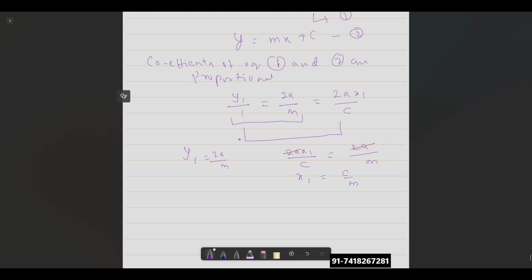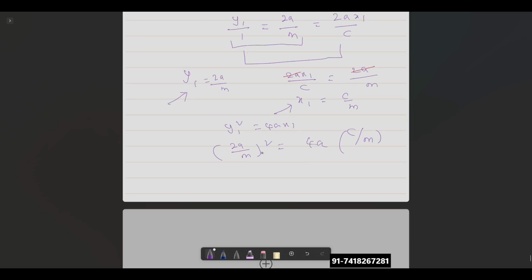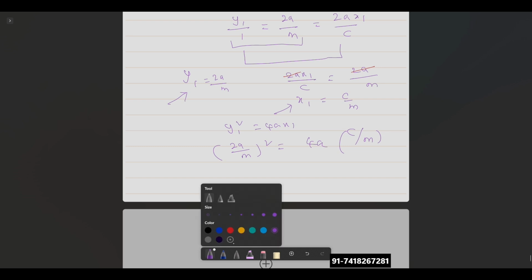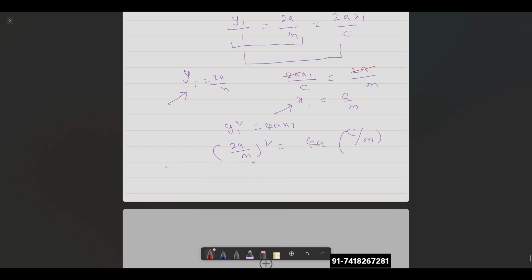So this point (x1, y1) should satisfy y1² = 4a x1. That means y1 is 2a/m, whole square, is equal to 4a into x1, which is c/m. Let us expand this.